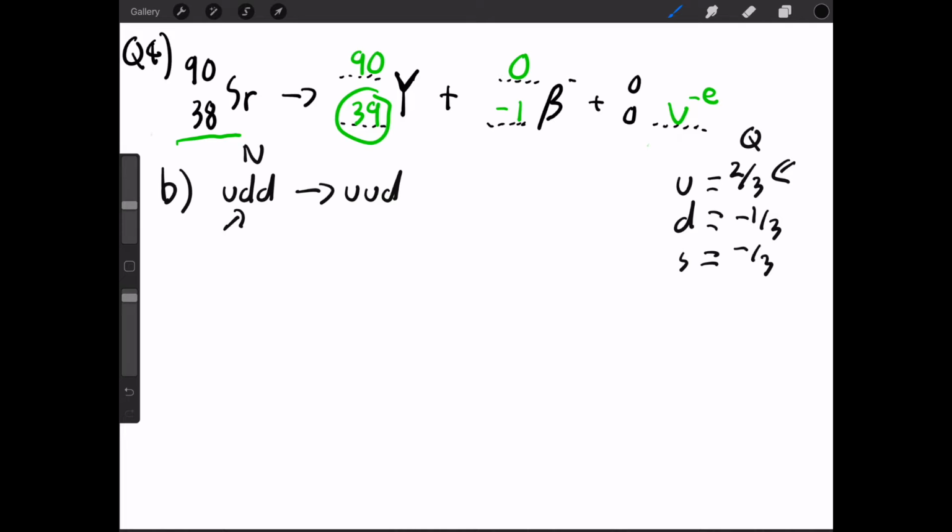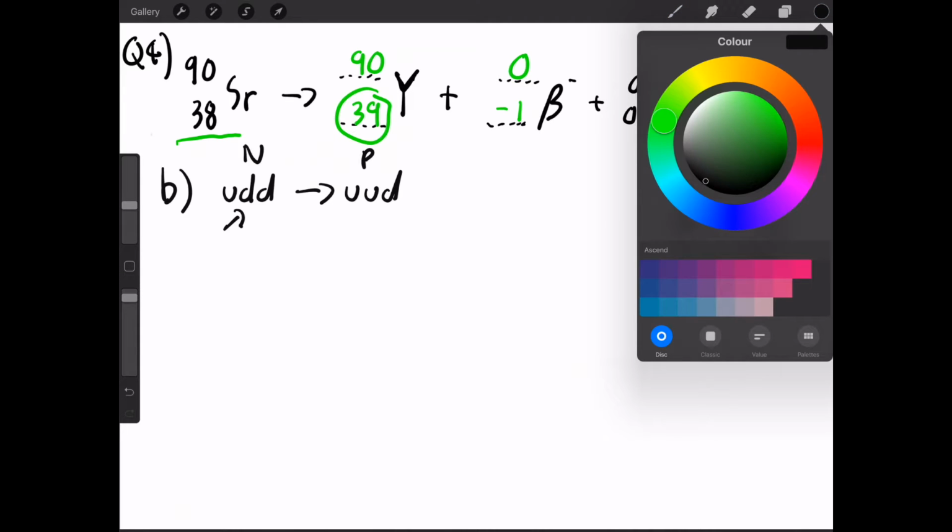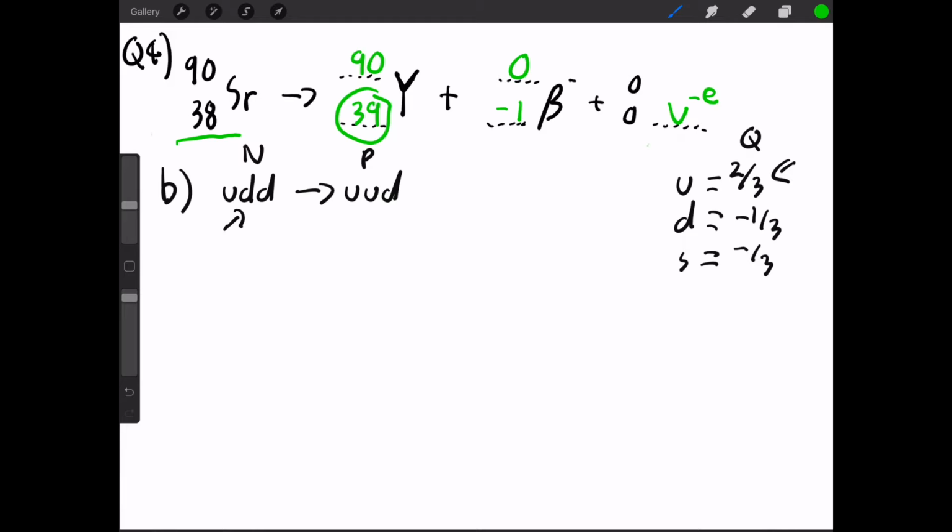For the proton, we've got 2 up particles, both at a charge of 2/3, and a down particle at -1/3, so that will give a charge of +1, which of course is the proton. The change in quark composition: we just need to see which quarks have actually changed. The down quark has changed to an up quark, so we can simply write down goes to up, and that's all that's happened in beta decay.